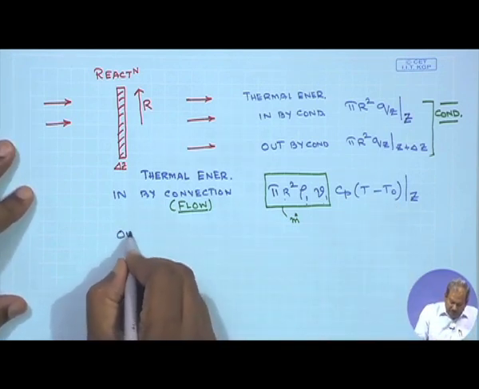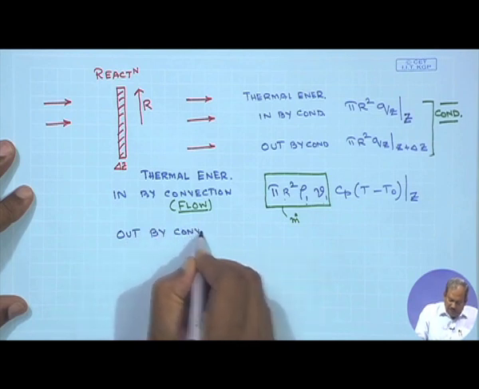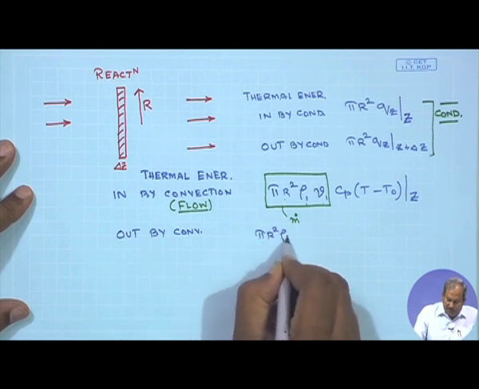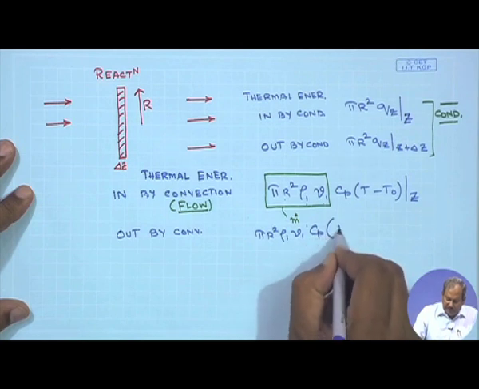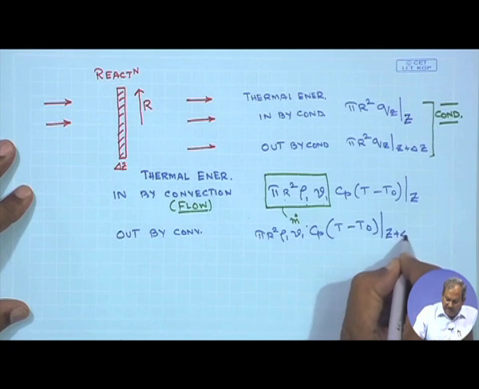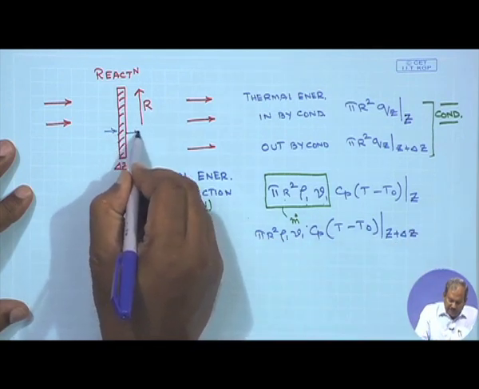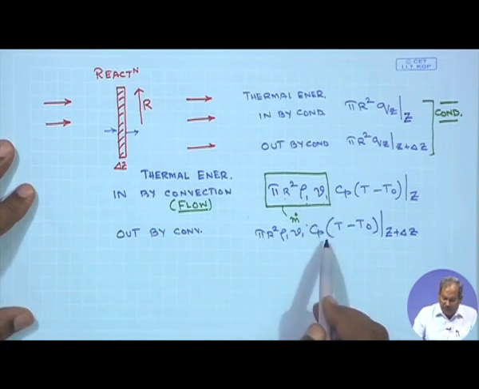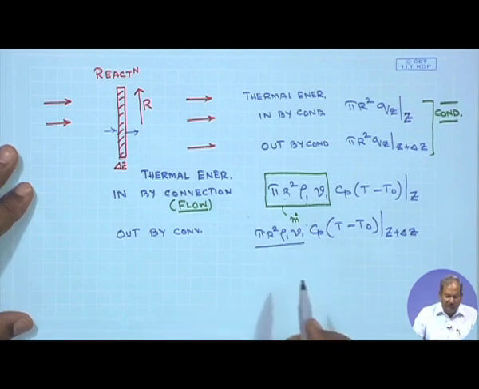So, when we say we evaluate the out term by convection, it would simply again be equal to pi r square rho 1 V1 as in the previous case, Cp T minus T naught, but this is evaluated at Z plus delta Z. So, this is the in term by convection, this is the out term by convection, and these are the two terms which are expressed in terms of the entry conditions.